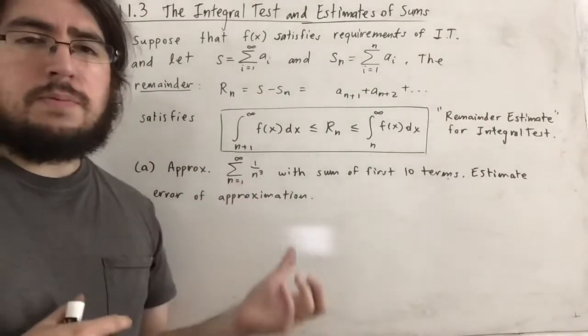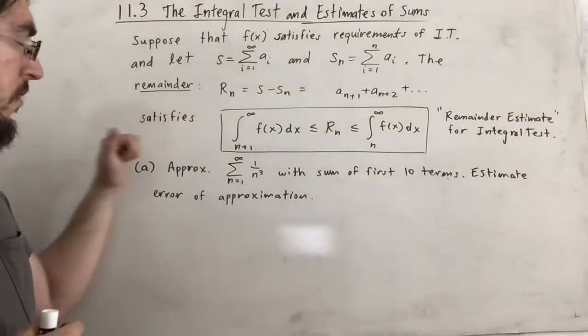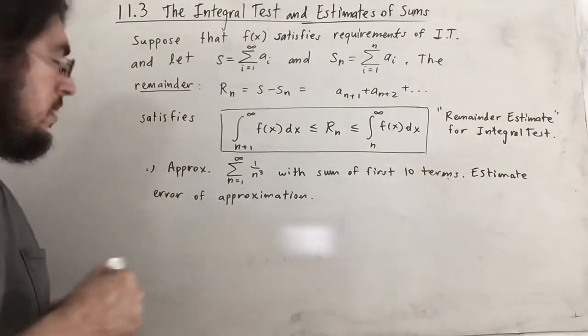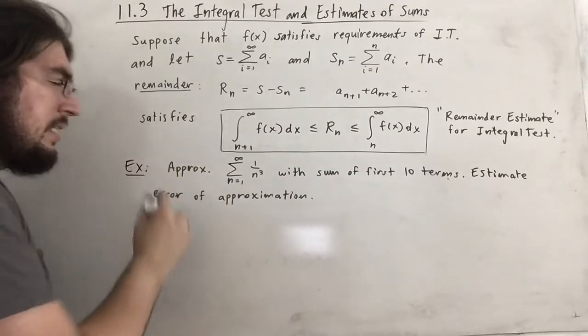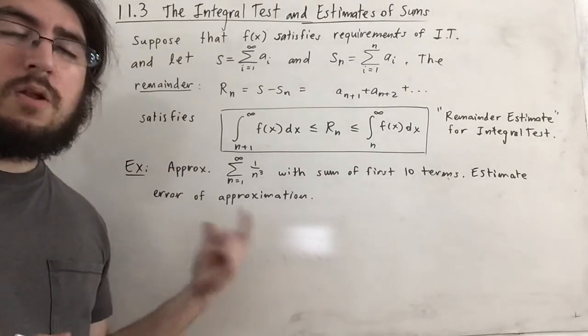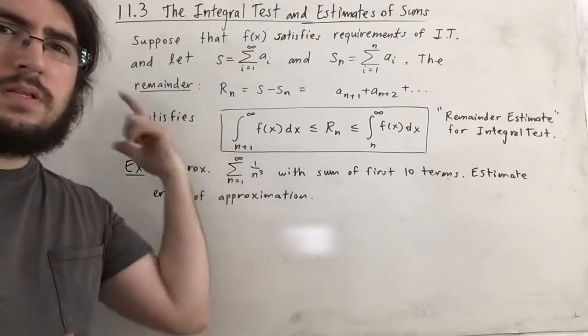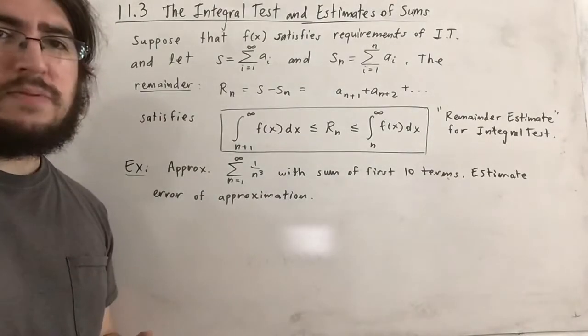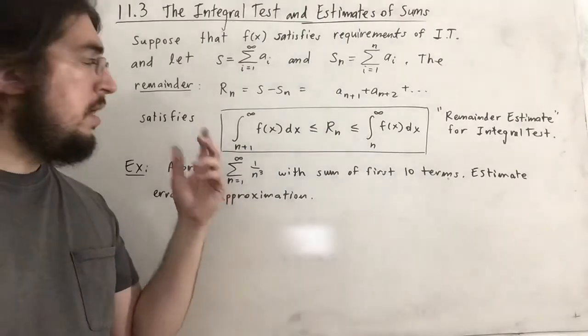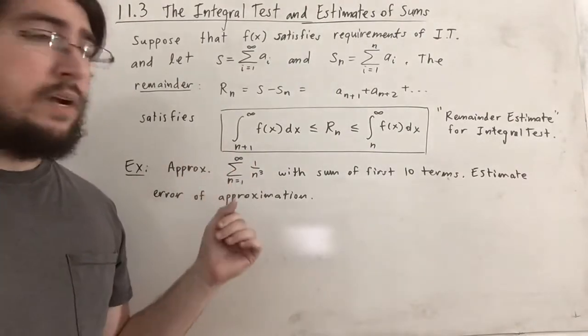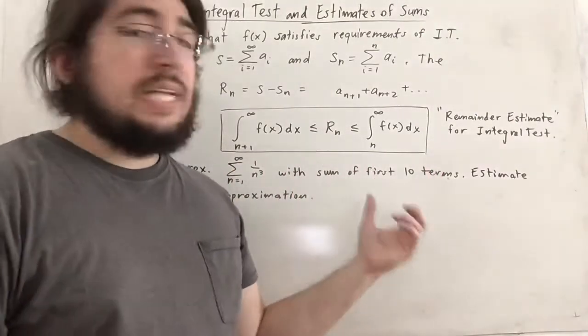So now we're going to see if we can apply this. For this example, I labeled it as A because there's a follow-up question that I'm going to do on the next screen. I don't have space for it. But for right now, we want to approximate the sum from n equals 1 to infinity of 1 over n cubed with the sum of the first 10 terms.